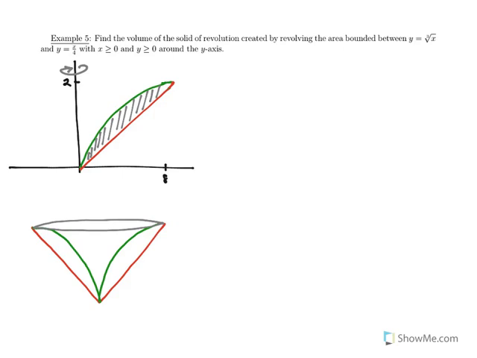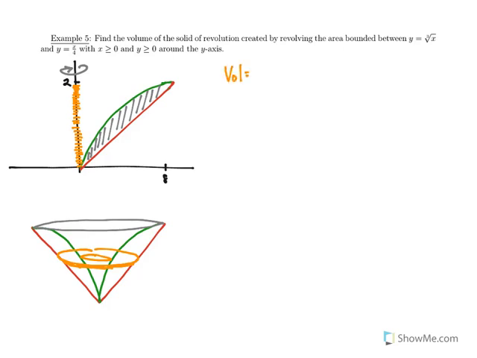And we're going to try to find a volume of this by looking at slices. In this case, a slice is going to be a washer again. And we need to think about what the volume of that washer is going to be. This time we're going to have a washer for every y value from 0 to 2.